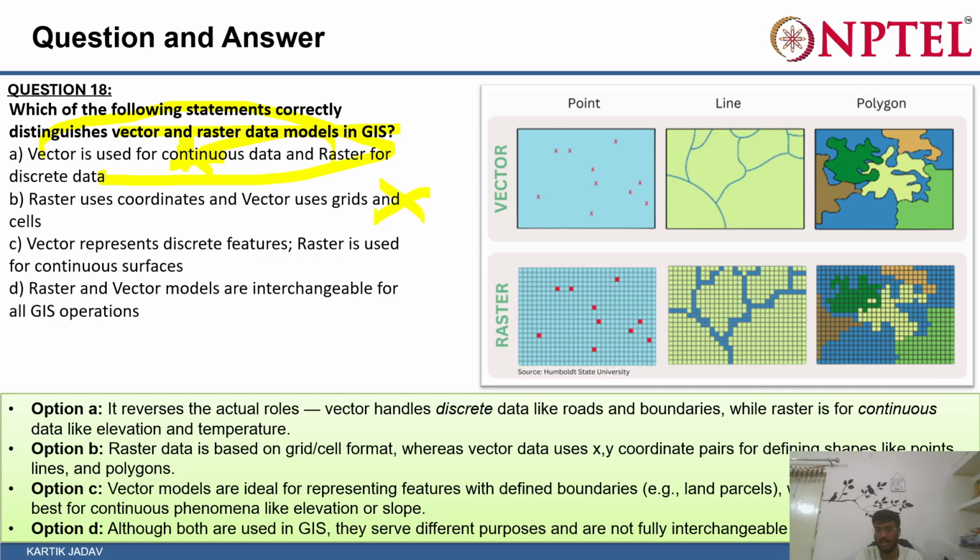This is again incorrect because raster uses grids and vector uses coordinates to represent. Then vector represents discrete features and raster is used for continuous surfaces. This is the correct one, I think. Raster and vector models are interchangeable for all GIS operations. This is not right. So option C is correct.